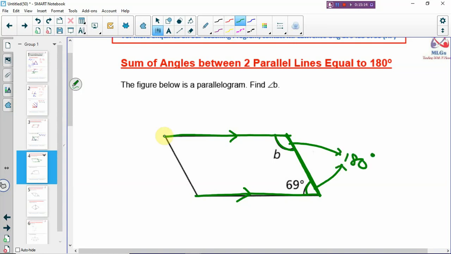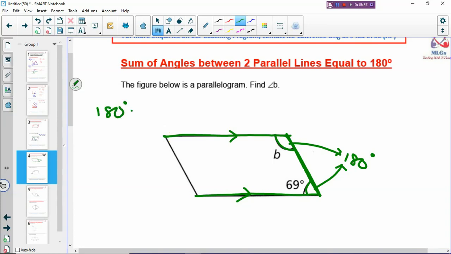Now this property is very, very important because with this property you can solve a lot of the harder problems on angles. Sometimes pupils cannot solve the difficult problems because they don't remember this property. So angles between two parallel lines add together to 180. What is your angle B?